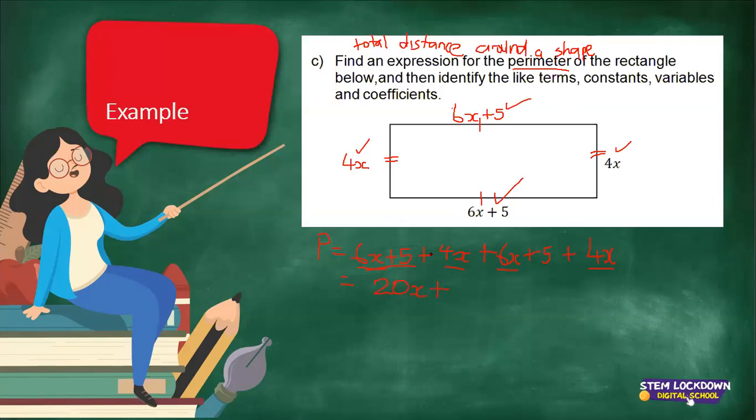Now let us add our constants. In this case, what is 5 plus 5? 5 plus 5 is 10. So these are our like terms, but if I'm simplifying this, my variable, there's my variable, it is x.